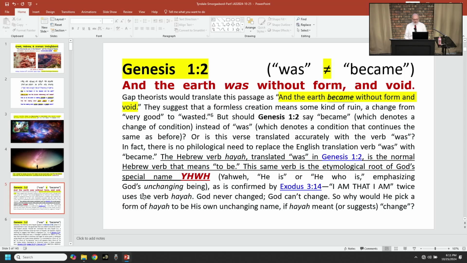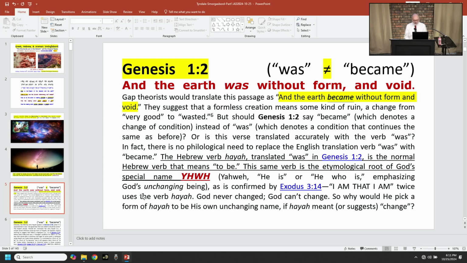In fact, that verb is the same verb that God based his name on. So the Hebrew verb is hayah, and that's the normal Hebrew verb for to be. I mean, there is no Hebrew word that better says to be than that verb, hayah.